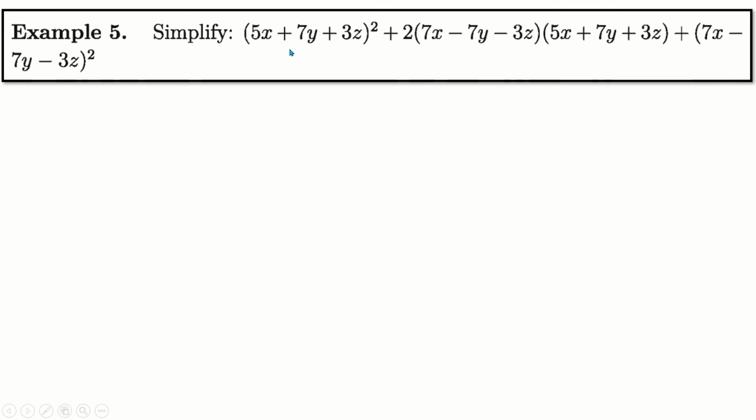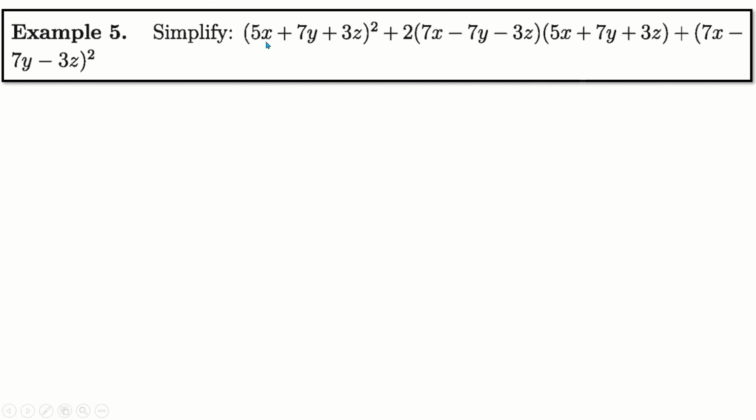Example 5: simplify 5x plus 7y plus 3z whole square plus 2 into 7x minus 7y minus 3z. Here, this part is 5x plus 7y plus 3z plus 7x minus 7y minus 3z whole square, that means this and this term are related.